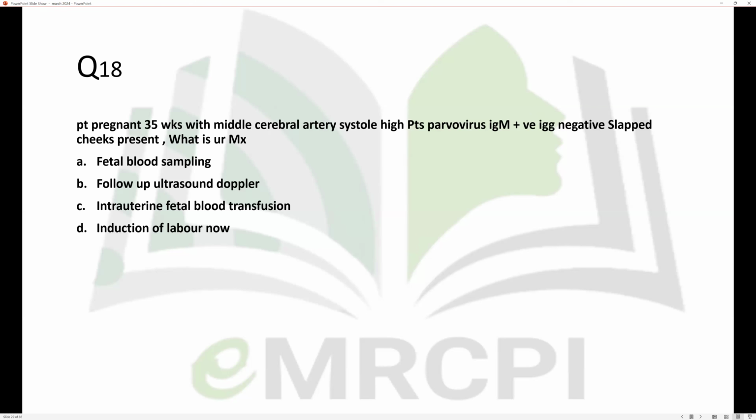So high cerebral artery indices, and history of parvovirus. What do you need to do? Intrauterine fetal blood transfusion is a good option for treatment of the baby, but is it before or after 35 weeks?